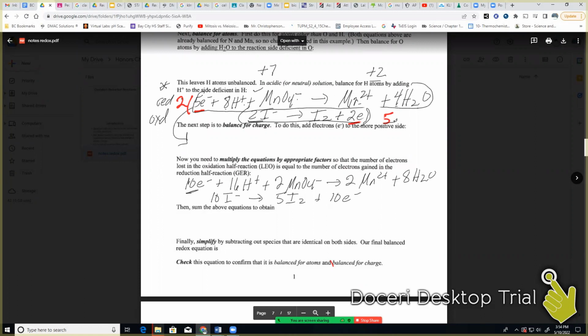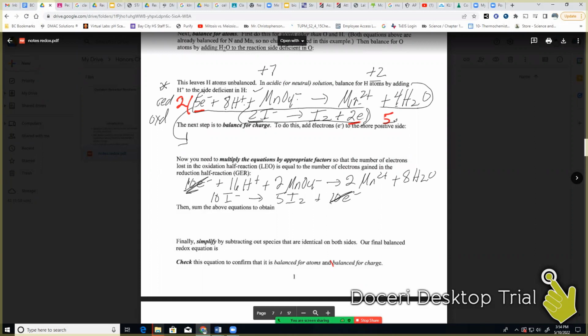All right, so at this point, we want to cancel out everything that we can. If it's on a reactant side of one and a product side of the other one, then I can cancel it out. So the obvious one that we have to cancel out is our 10 electrons. A lot of times you'll be able to cancel out some hydrogen ions and some water, but in this case, we can't because we did not have to add that to our iodine, our oxidation half reaction. So that's all I could cancel out.